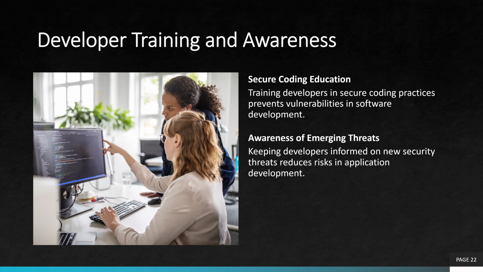So anybody in development should be trained to adhere to the responsibility of coding safe. Awareness of emerging threats: keeping developers informed on new security threats reduces risk in application development.